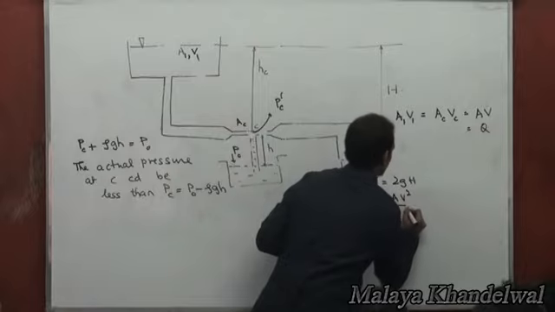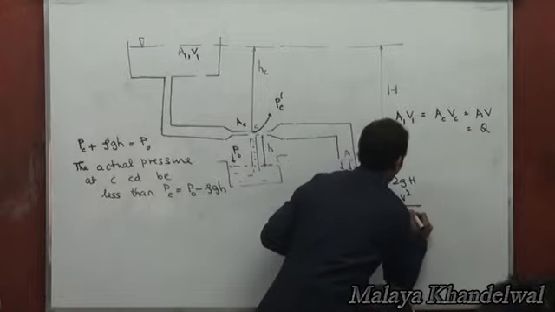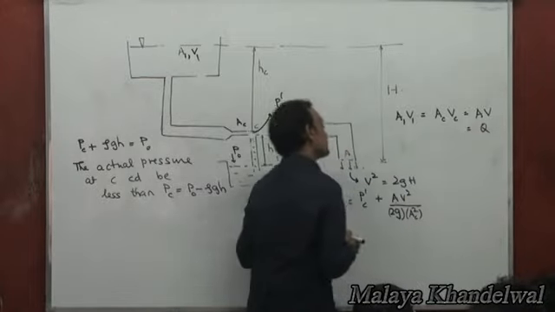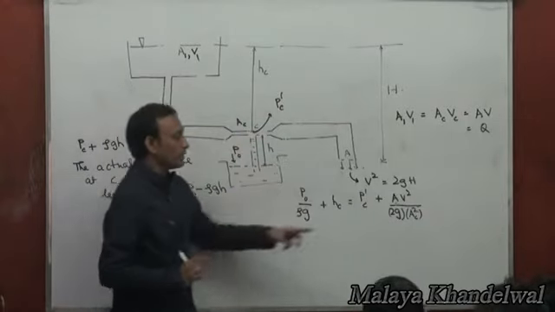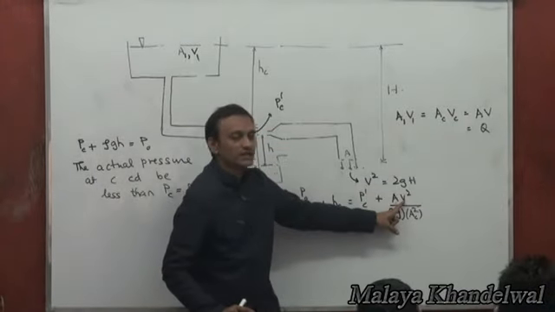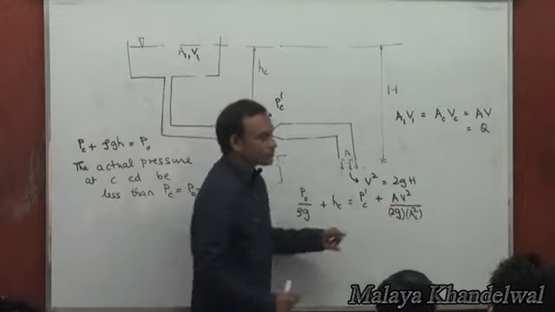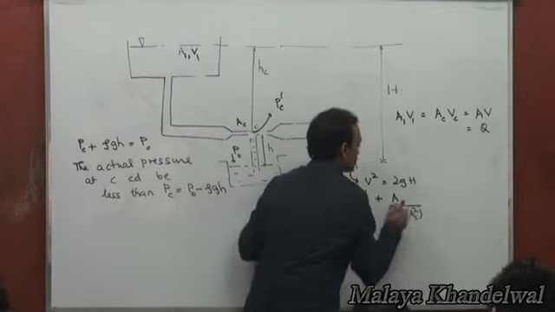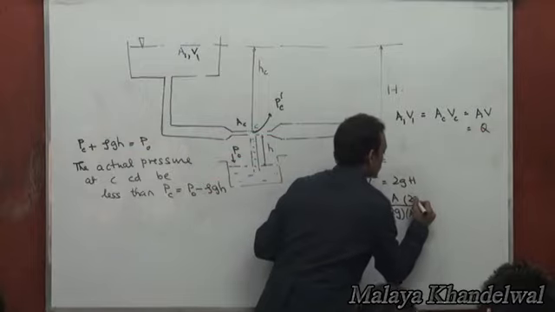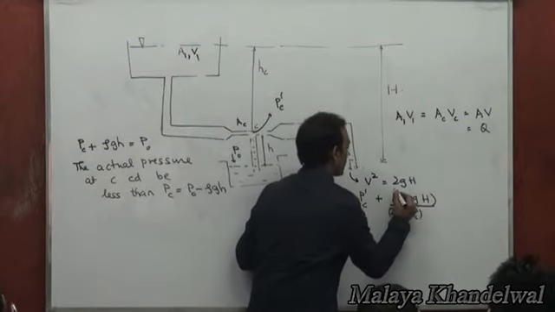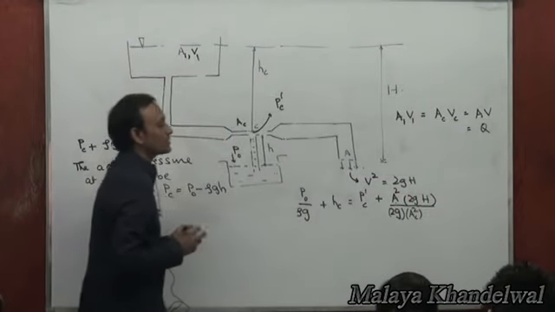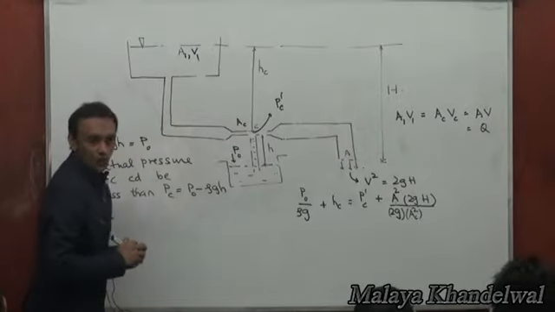Where this V squared is actually 2g into capital H. So it is A squared into 2g into capital H by AC squared, yes or no?